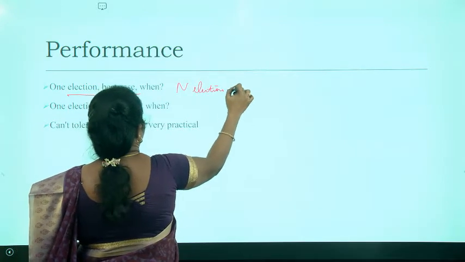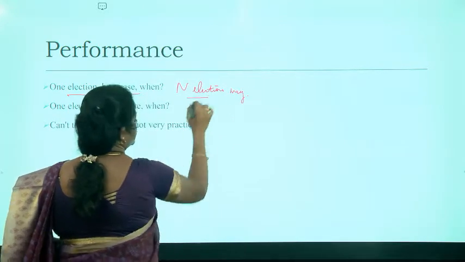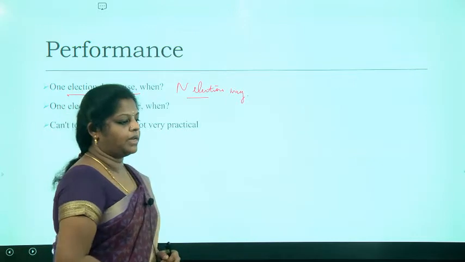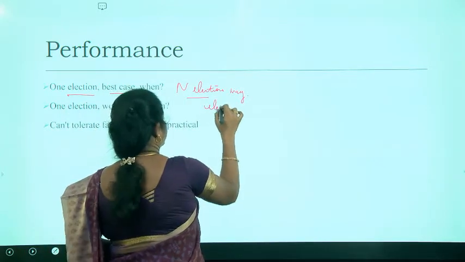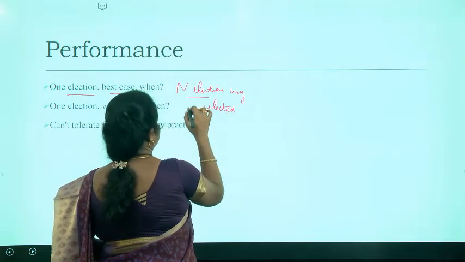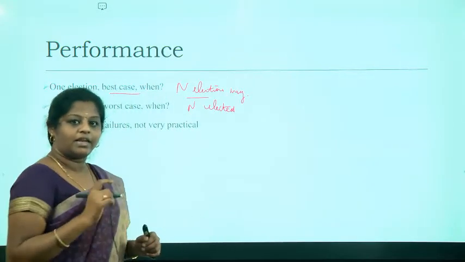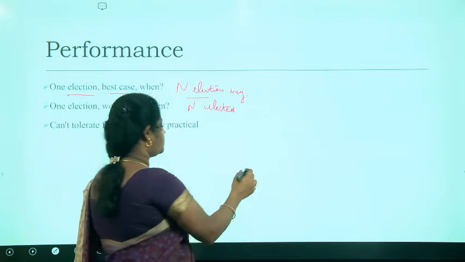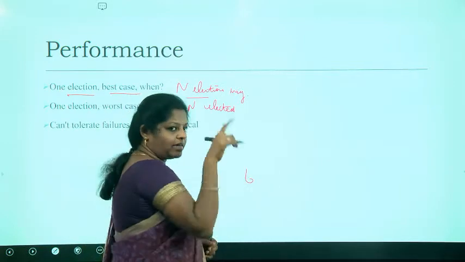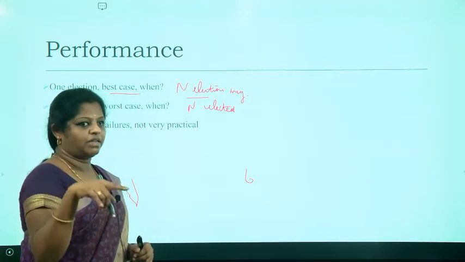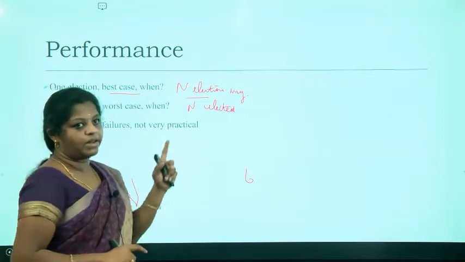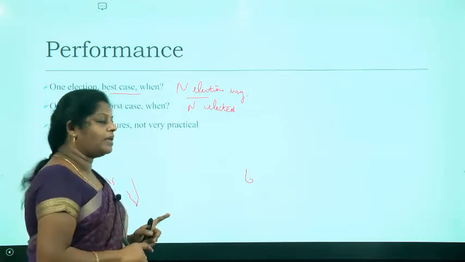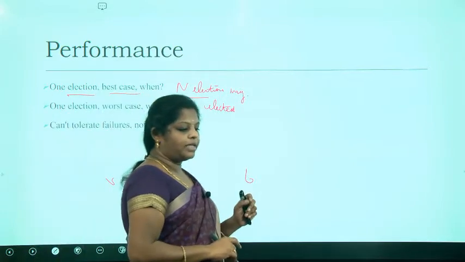In the best case, we have n election messages and n elected messages. For example, if you have 6 processes, because at a time itself it is selecting. That means the best case is only one election, and only one process enables the election.